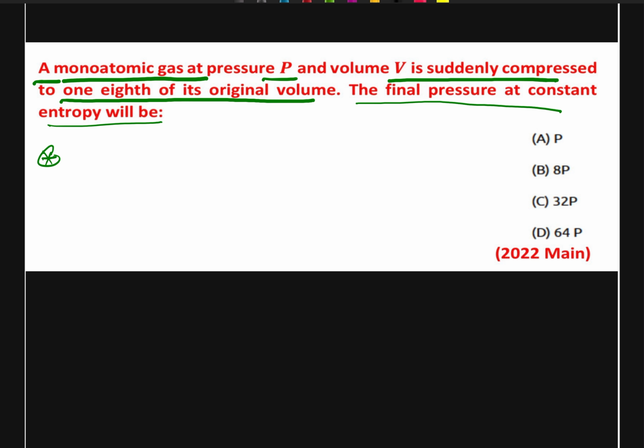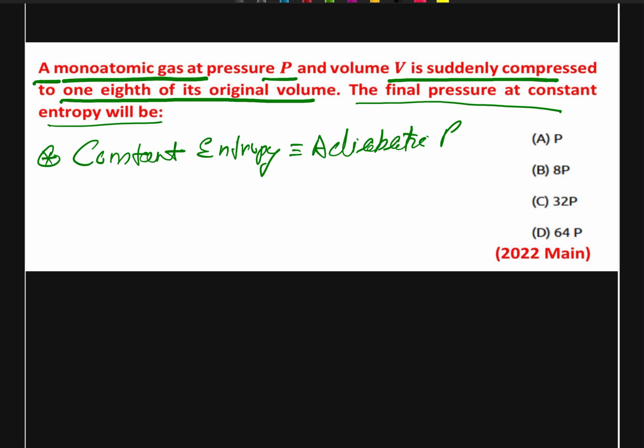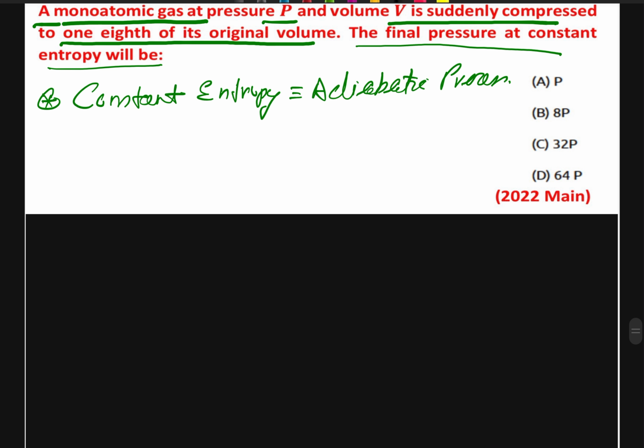For an adiabatic process we know that PV raised to power gamma is equal to constant.